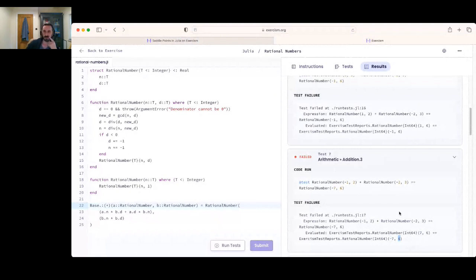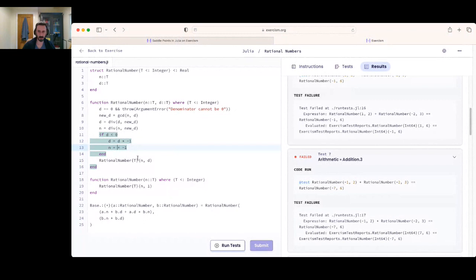Curious. Okay, just for the moment, I'm going to try just doing this because I can't remember if Julia does times equals, like I think it does.